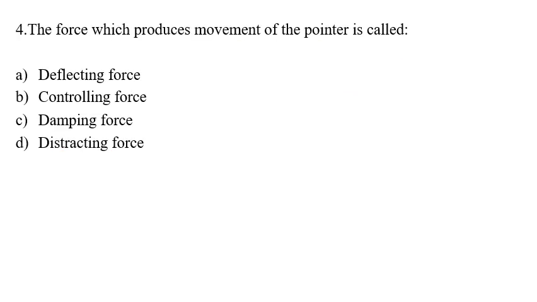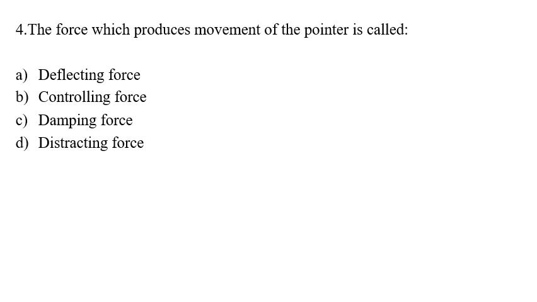Fourth question, the force which produces movement of the pointer is called option A deflecting torque, option B controlling torque, option C damping force and option D distracting force.